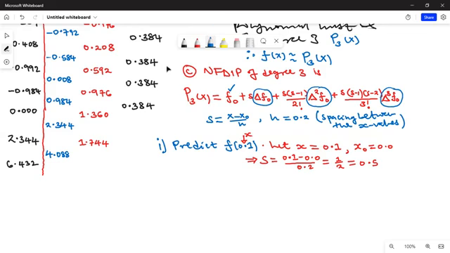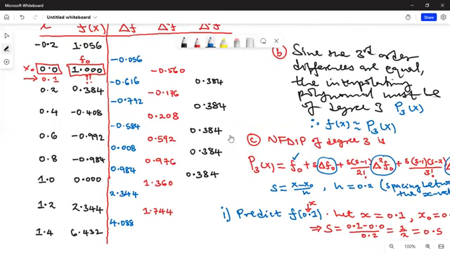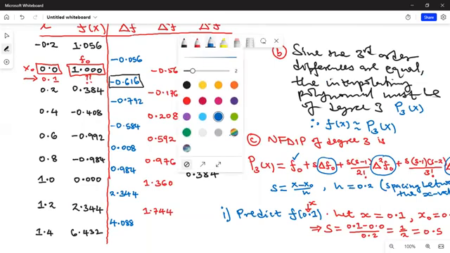So let me go back to the finite difference table. You see this value here. This one is our delta f naught. We read it along a line that slopes downward from f naught in this manner. Let me indicate using another color. This is how you need to read it.